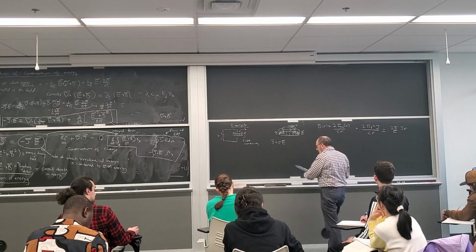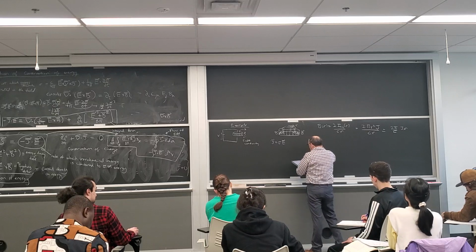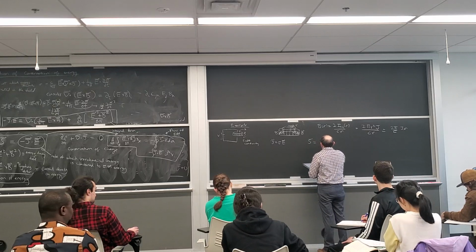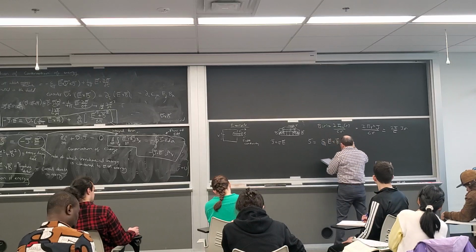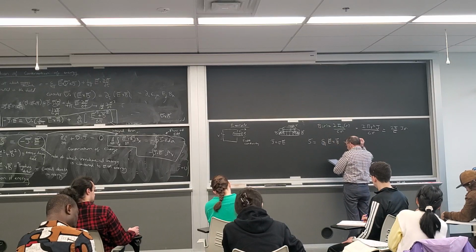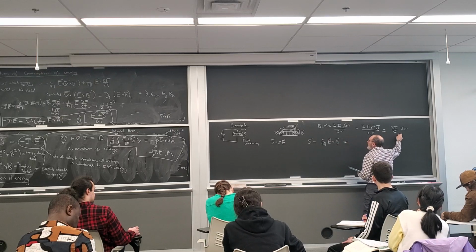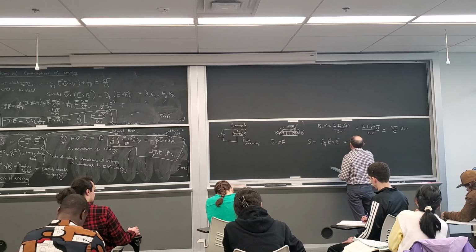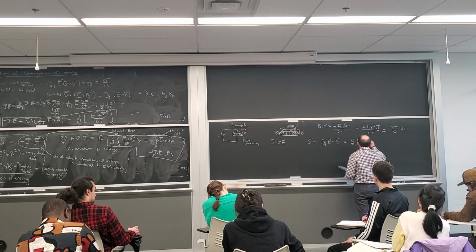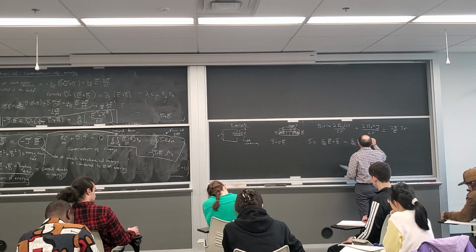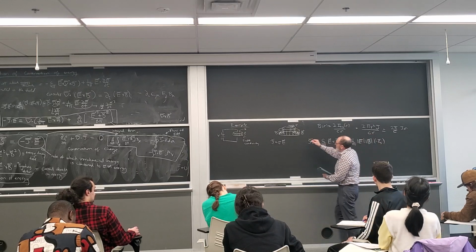So what that tells me then is that the Poynting vector, which is c over 4 pi E cross B, is equal to c over 4 pi times the magnitude of E times the magnitude of B, in the minus r direction.